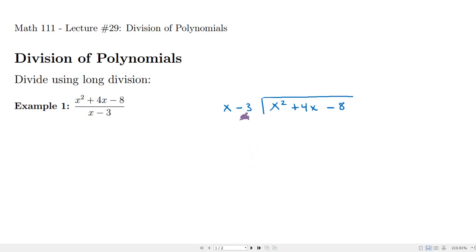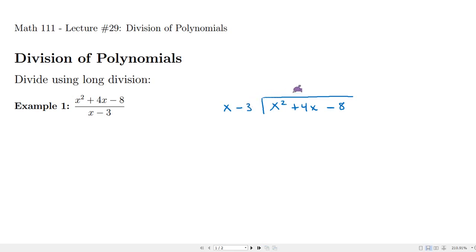Now, the first step is let's just cover this negative 3 here. And then looking at this leading term here, x, what do we have to multiply x by to get the leading term here? Well, the leading term under the division is an x squared, so we would have to multiply x by x to get an x squared.